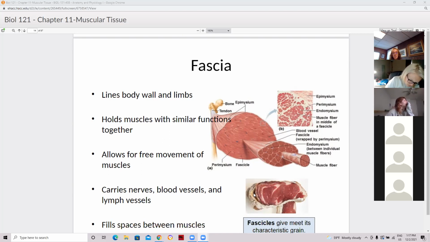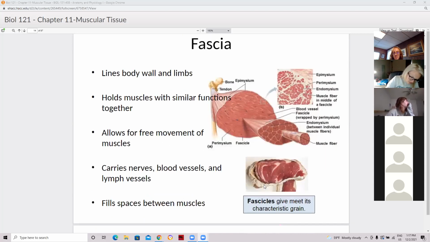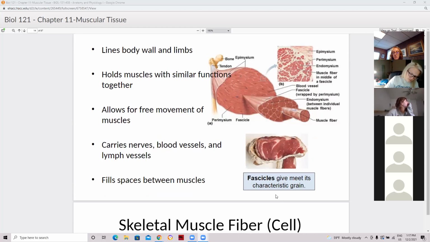It carries nerves, blood vessels, and lymph vessels and fills the spaces between muscles. The fascicles give the meat its characteristic grain. So this is the bundling of fibers together.